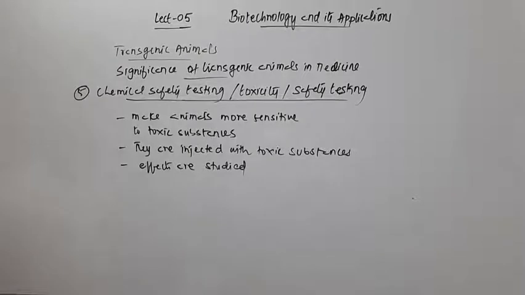Right, so that's all about the significance of transgenic animals in medicine. So we have seen how transgenic animals are used in studying normal development or the physiology of organisms, I mean, the genes that were introduced. So they will be studying how the genes are working, and then studying the diseases, how the genes are causing diseases, and finding out the solutions for them, and producing biological products.